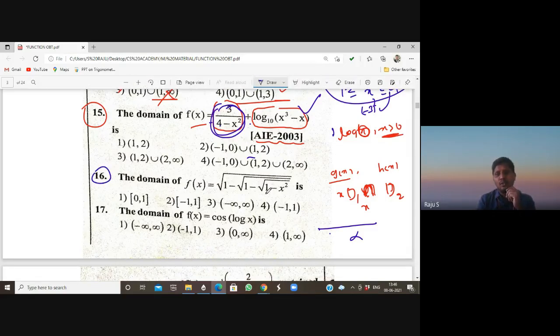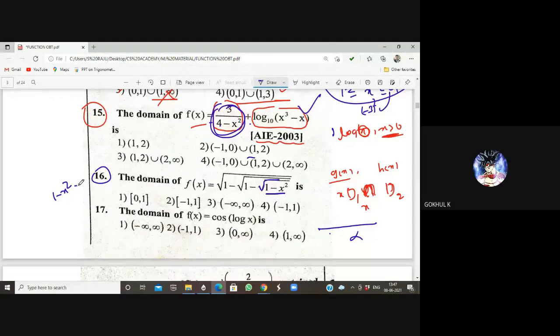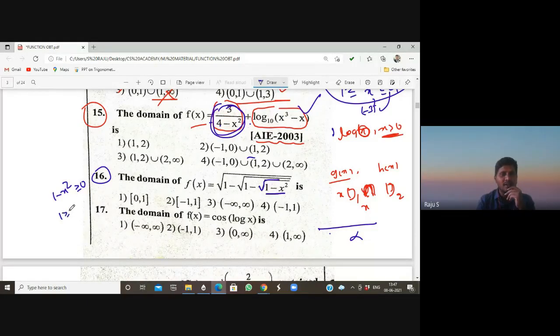Next, the 16th question. Just look, a square root is there. When is the square root possible? 1 minus x square must be greater than or equal to 0. So 1 is greater than or equal to x square, then x square is lesser than or equal to 1 square. Modulus x is lesser than or equal to 1.